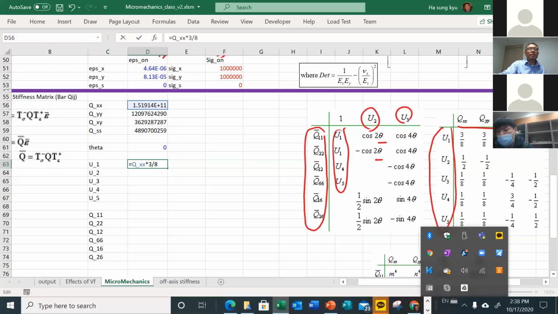And again, this is from this table, right?